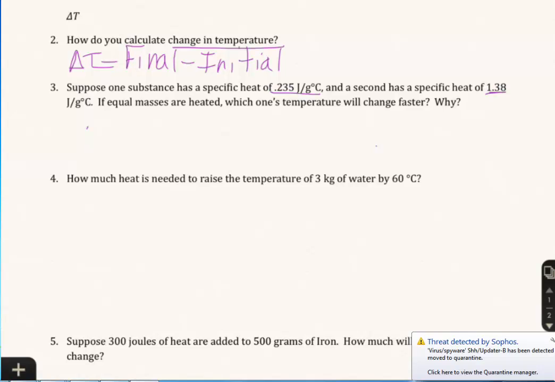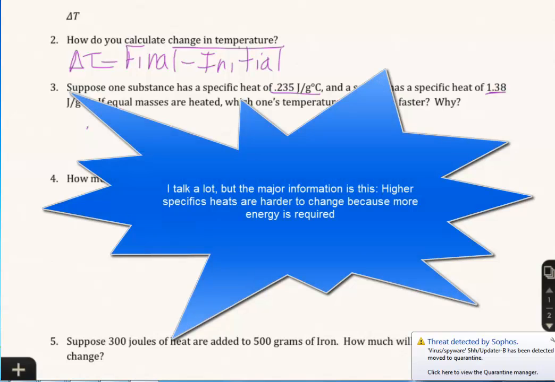So if there's 0.235 joules per gram degree Celsius, that means it takes 0.235 joules to raise its temperature by 1 degree for every gram. The 1.38 takes 1.38 joules for every gram. So that means this 1.38 takes about 6 times as much energy to get it to change.